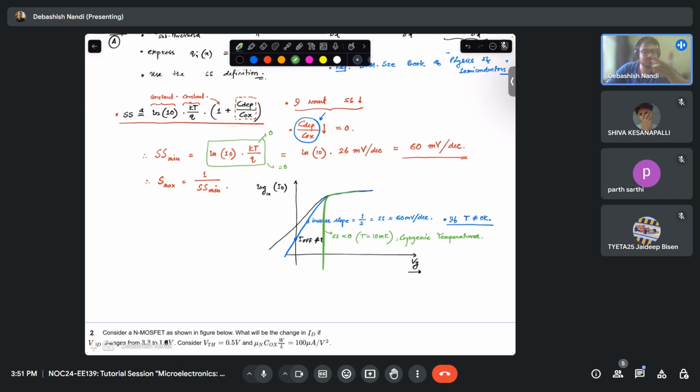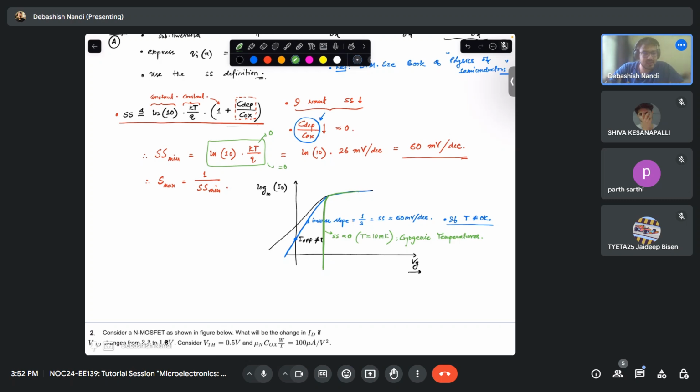That means if you charge your mobile phone and put it aside, be sure that after some time it will get discharged. You cannot do anything about that. But we want to delay that as much as possible. And if we want to get the maximum benefit at room temperature, what should my subthreshold swing be? It should be 60 millivolt per decade. That is the lowest minimum possible.